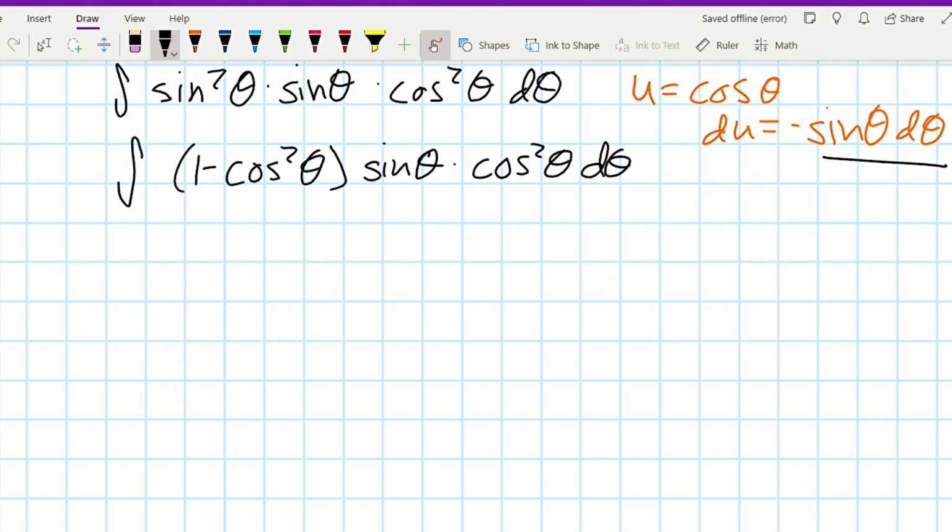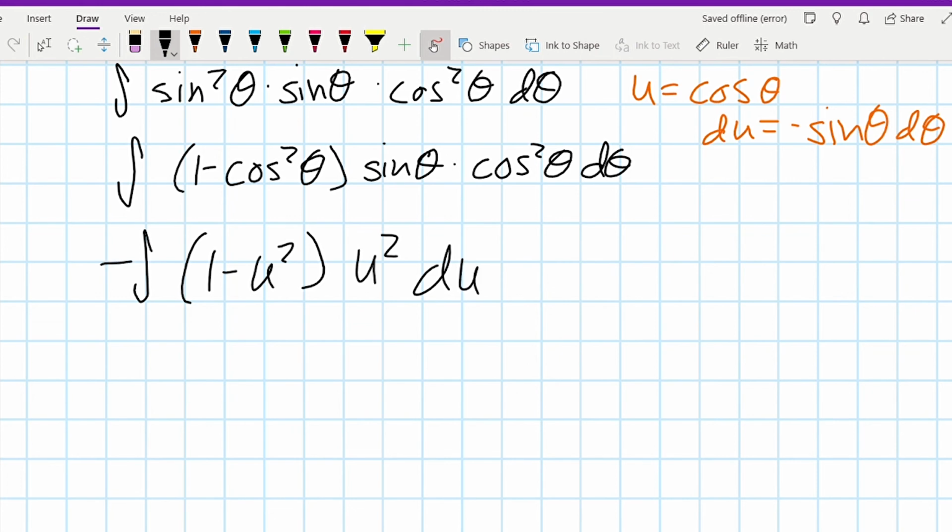This sine theta d theta will cancel out this sine theta and that d theta. And our cosines will become u now. So we will have 1 minus u squared times u squared du. And you don't want to forget this negative, because that negative is very important. So we just put it out front.